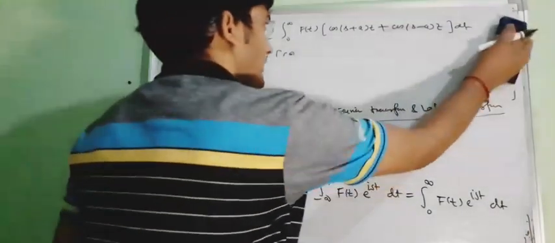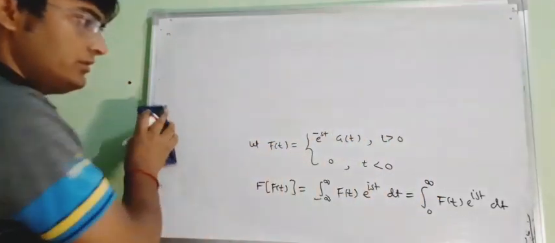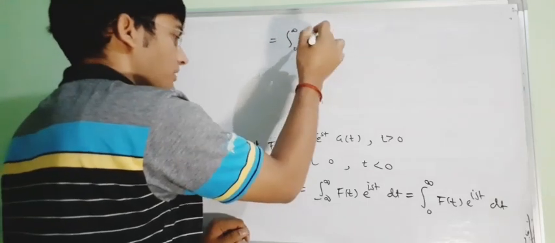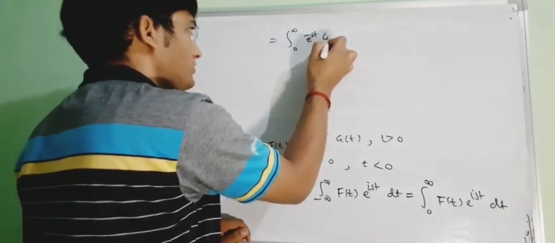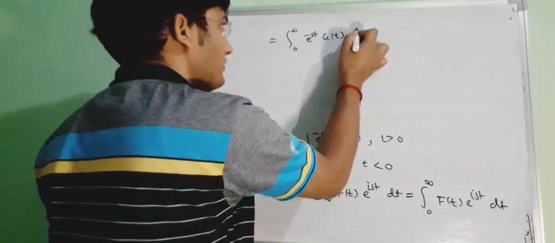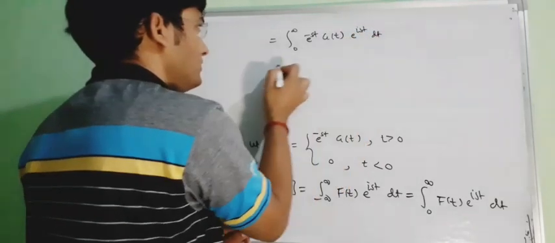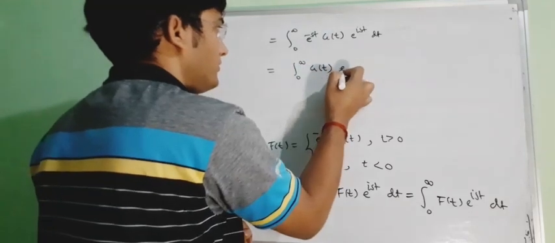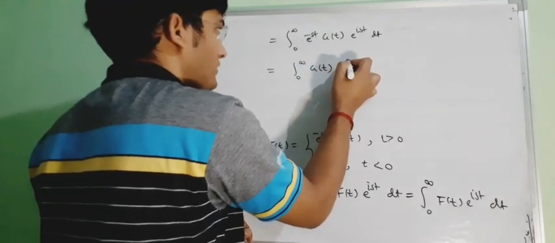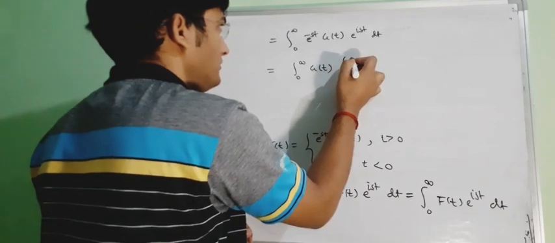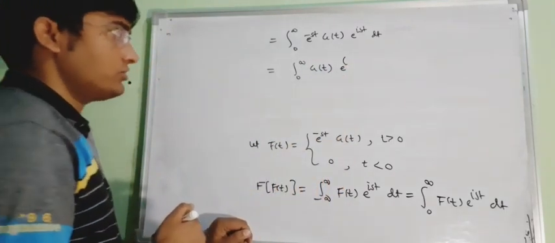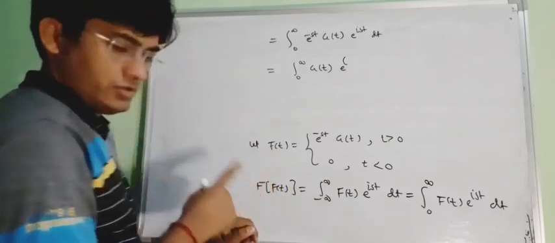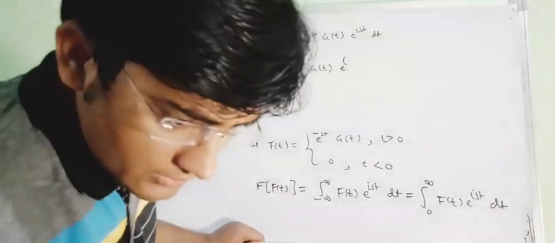Now for this part, f(t) is equal to e to power minus xt into g(t), and we have e to power ist dt. So here we can write it as g(t). Now we can take t common.